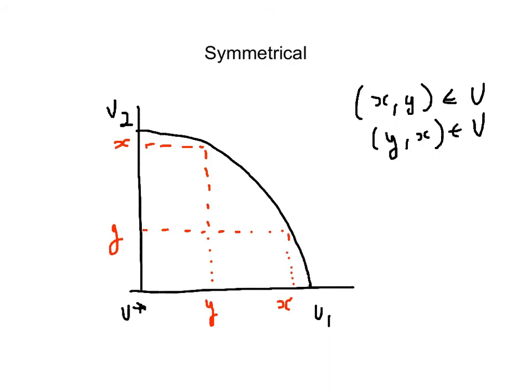So here I've illustrated this particular point here is in the set. The permutation yx must also be in the set. So if that's the case, then the set is symmetric. It remains unaltered. We can permute the axes, which means that we can view these agents as identical. And if these agents are identical, then the solution must be an even division, which means that the bargaining solution must be on the xy axis.